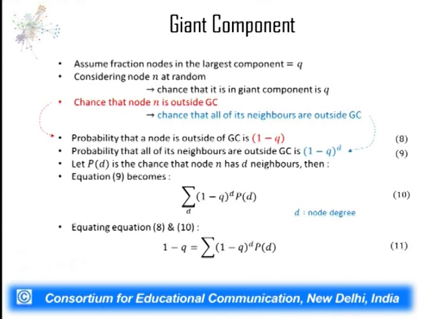So 1 minus q will be equal to the summation over d of 1 minus q to the power d multiplied by p_d.